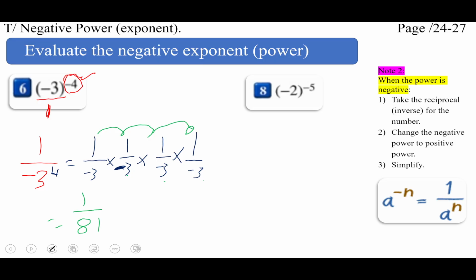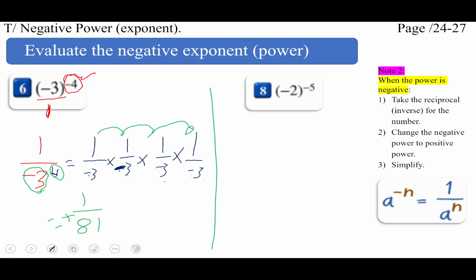How about the sign? In the previous lesson we studied that our base here is negative, so we need to look at this power, it's even, okay? So negative times negative is positive, positive times negative is negative, negative times negative is positive. Or we can say the exponent is even, so it's going to be positive.